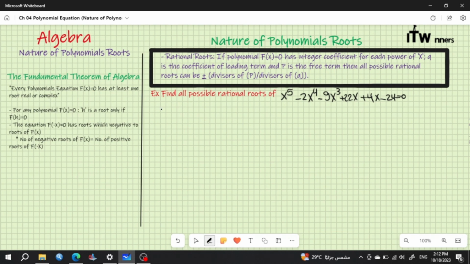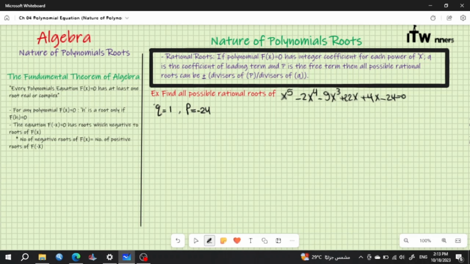So we have here q equal to 1 and b equal to 24.